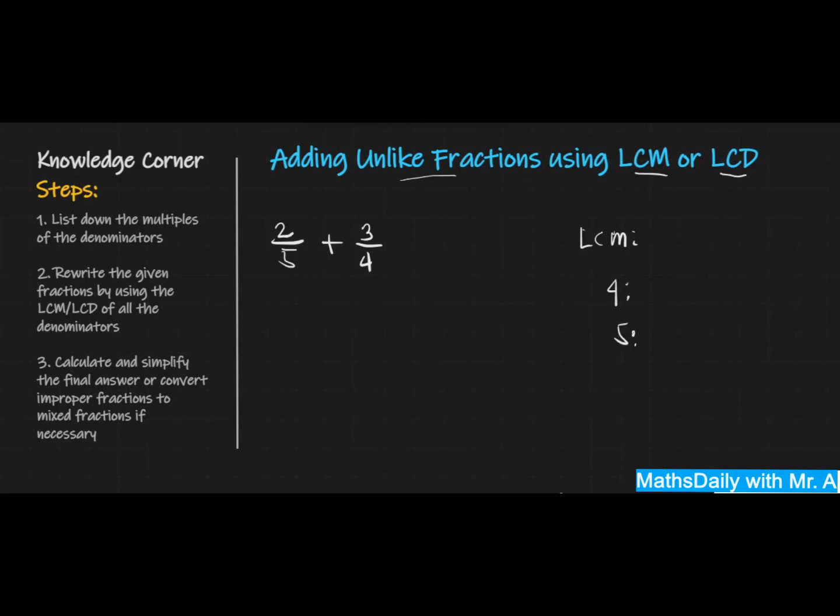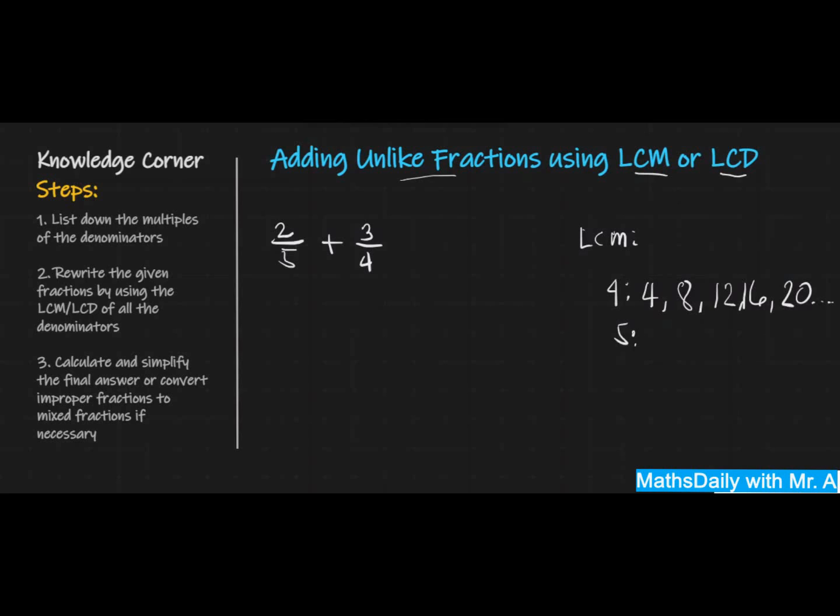So in this example, 2/5 plus 3/4. So how do we find the common multiples? The multiples of 4 are 4, 8, 12, 16, 20, and we can go on.